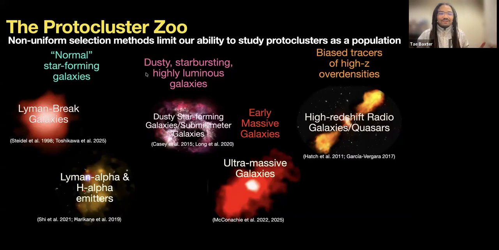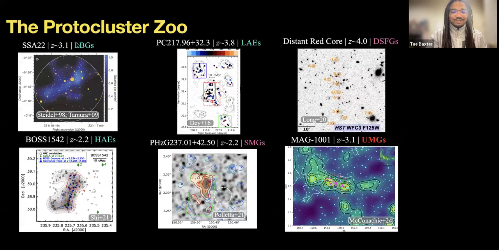So the issue that we have now is that we have the zoo. We have all these different tracers of overdensity of galaxies in the early universe, making it extremely difficult to understand what is actually going on with these systems and interpret the data. And just to show you images of these different systems: here on the top left is that SSA 22 protocluster that I talked about earlier. That's one of the earliest found.